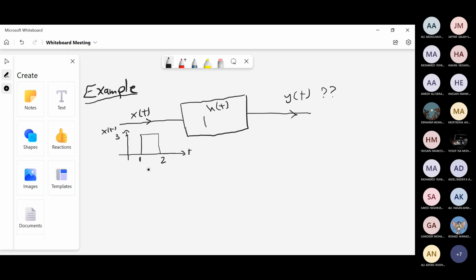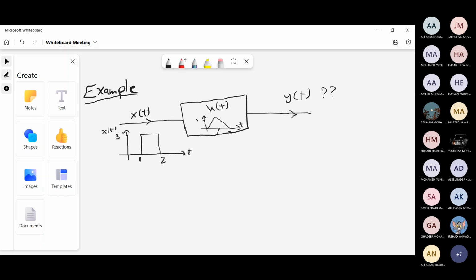And h of t is a triangle. So this is 1, this is 2, and here 1. Okay, I want to find y of t.